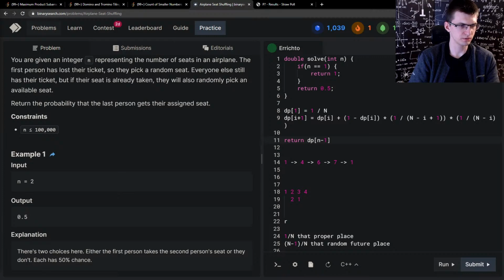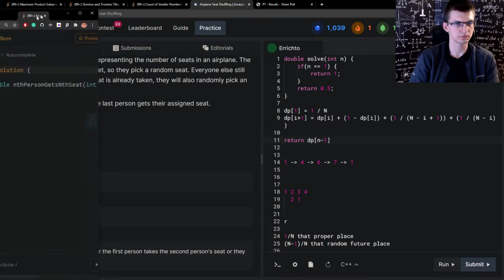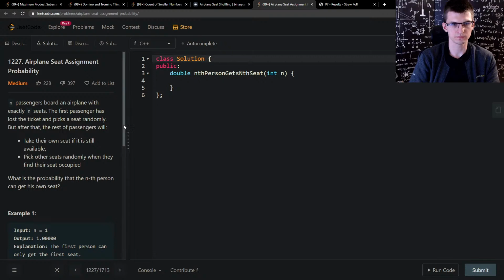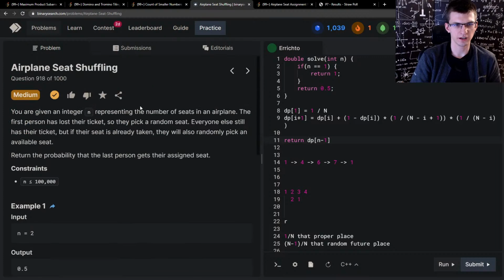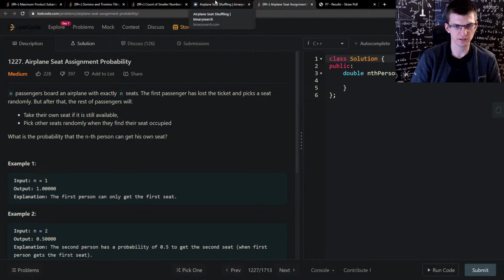It's on Leetcode too? Well, didn't know that. All right, it's indeed the same. Is the wording the same? The first person has lost their ticket.